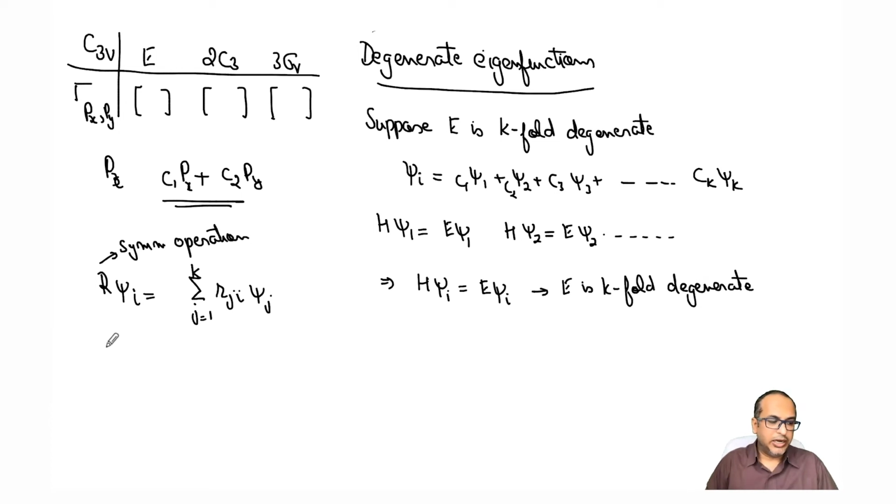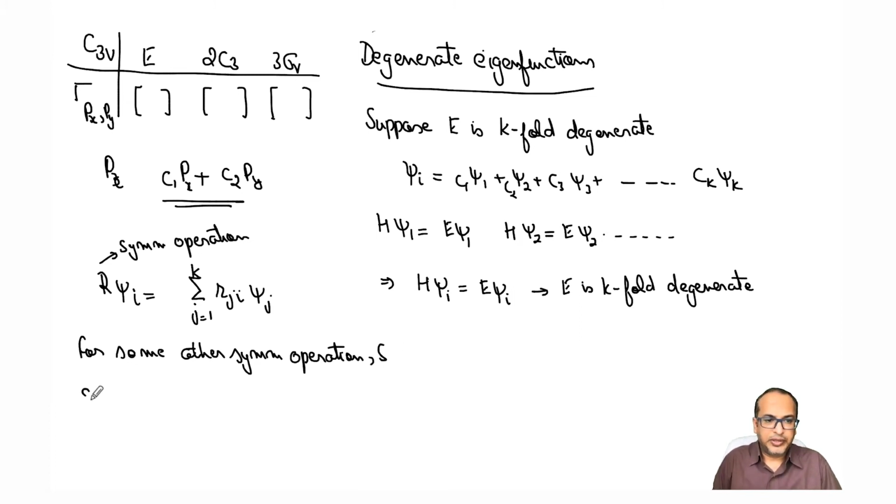Now similarly, for some other symmetry operation, let's call it S, I can write S psi, with some other index, psi L. This can be written as the summation m from 1 to k, using a different index just to keep it different from the previous one, of s ml psi m.